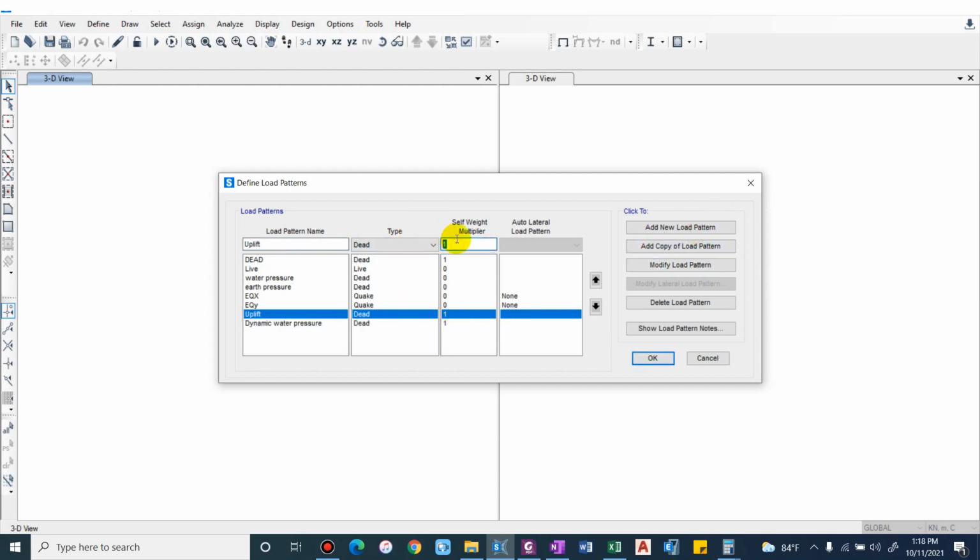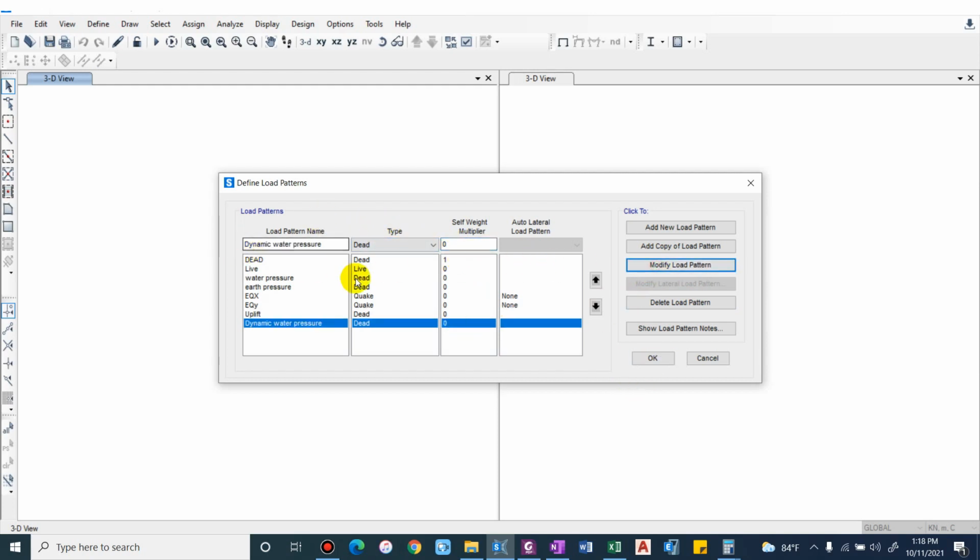Okay, let us modify this. So these are the load patterns.